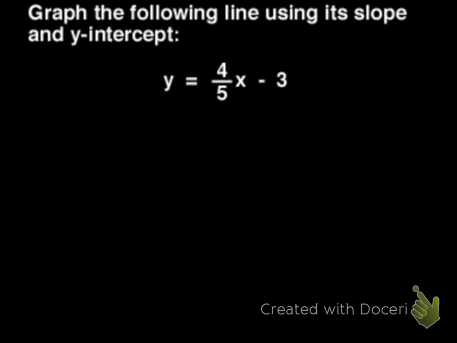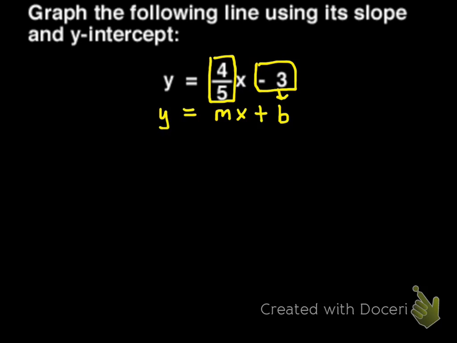So, we have y equals 4/5 x minus 3. So, y equals mx plus b. So, writing it under there, my m is right there, and my b is right there.